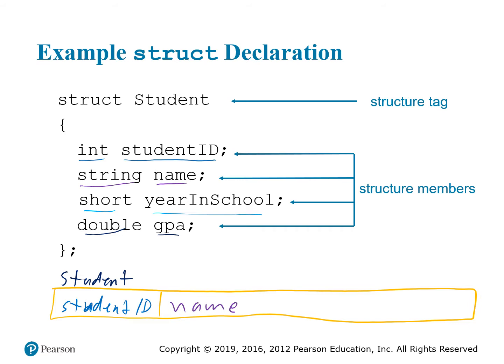Probably that's just a pointer to the string, but maybe we store the whole string there. Year in school is a short, so it doesn't take up that much room. And then GPA is a double, so it gets a bigger spot in there. Okay.